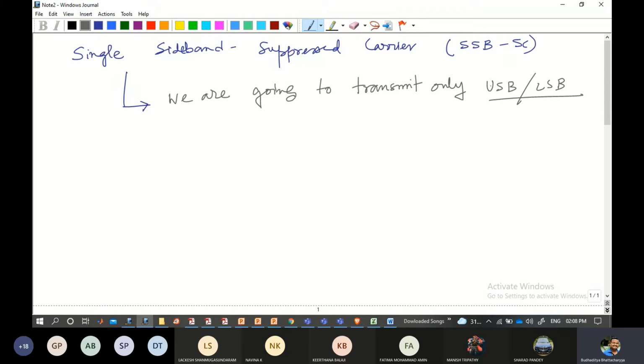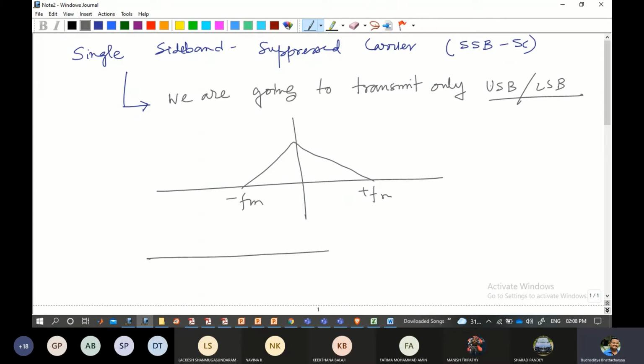And as far as the symmetry is concerned, if you remember the diagram, I'll quickly draw it. Suppose this is the spectrum we are talking about, and this is minus Fm and this is plus Fm, something like this. Your upper and lower sidebands will be somewhere over here, and this will be of this nature.